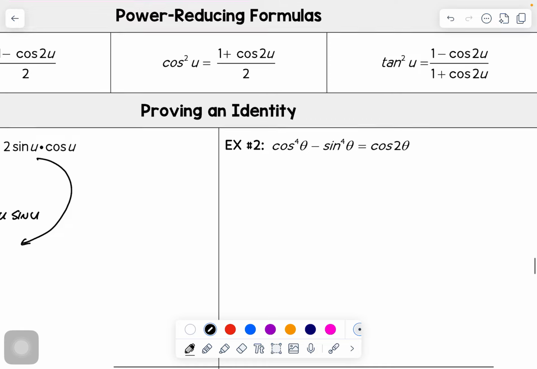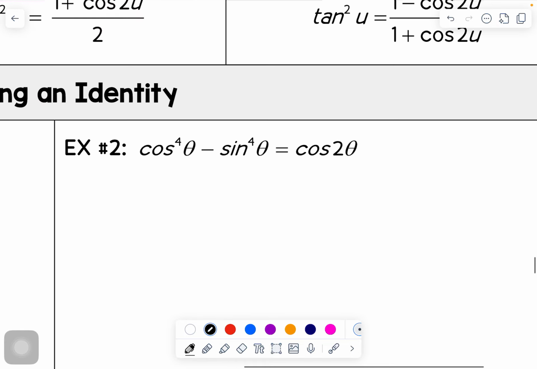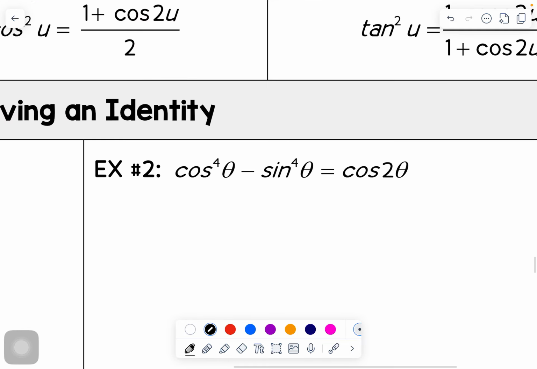Over here, trying to prove that this would be equal to the cosine of 2 theta. Well, what we have here is a factoring pattern from algebra called the difference of squares, meaning that we could write this as the two items being squared. So we would have cosine squared theta, squared, minus sine squared theta, squared.